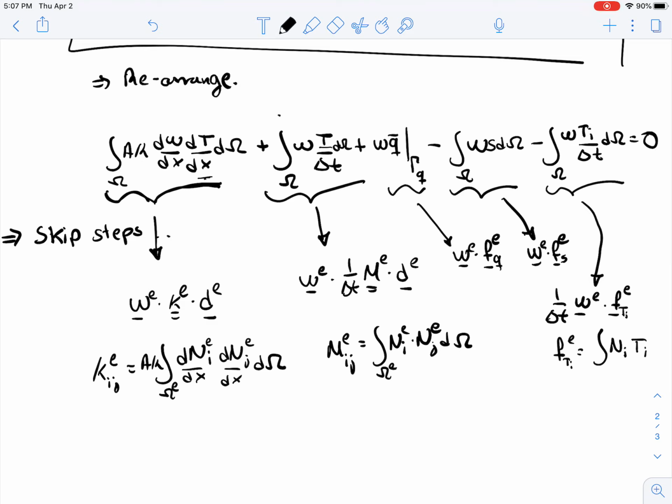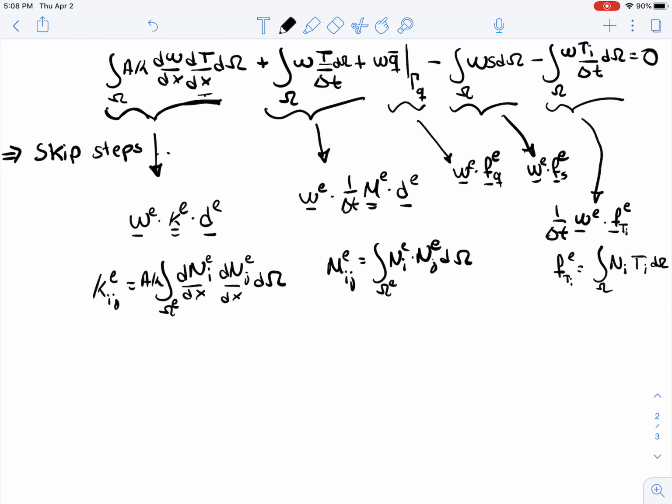I don't like the i, because this might be a little bit confusing. Let me just call it T naught, but it's the previous time step.